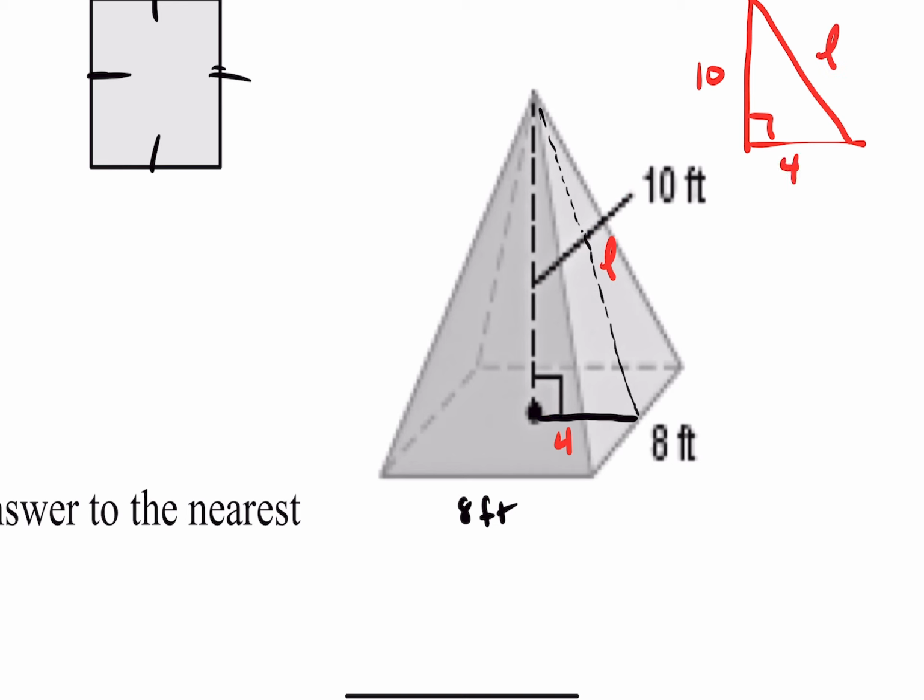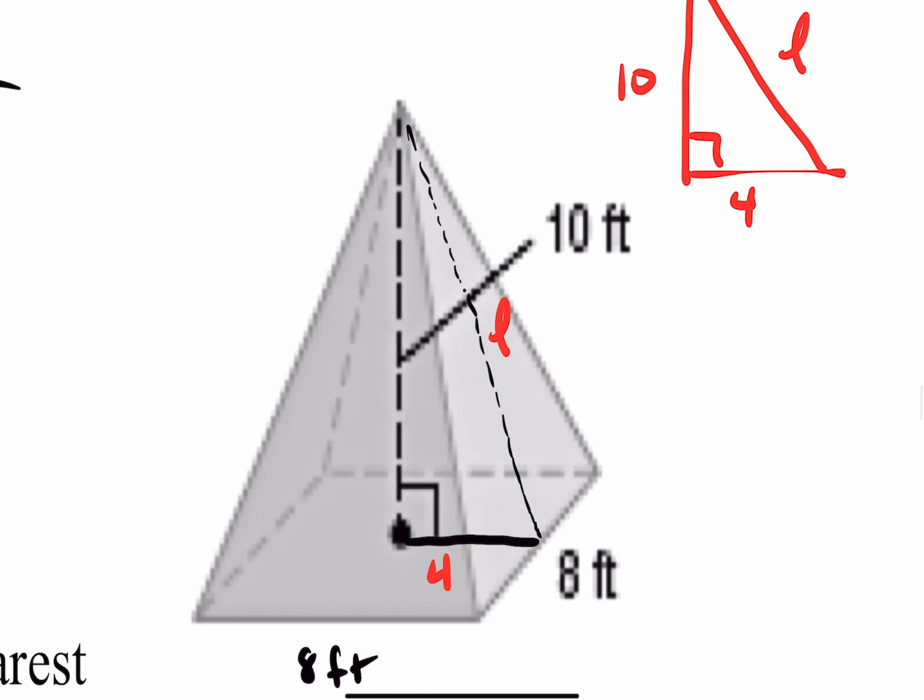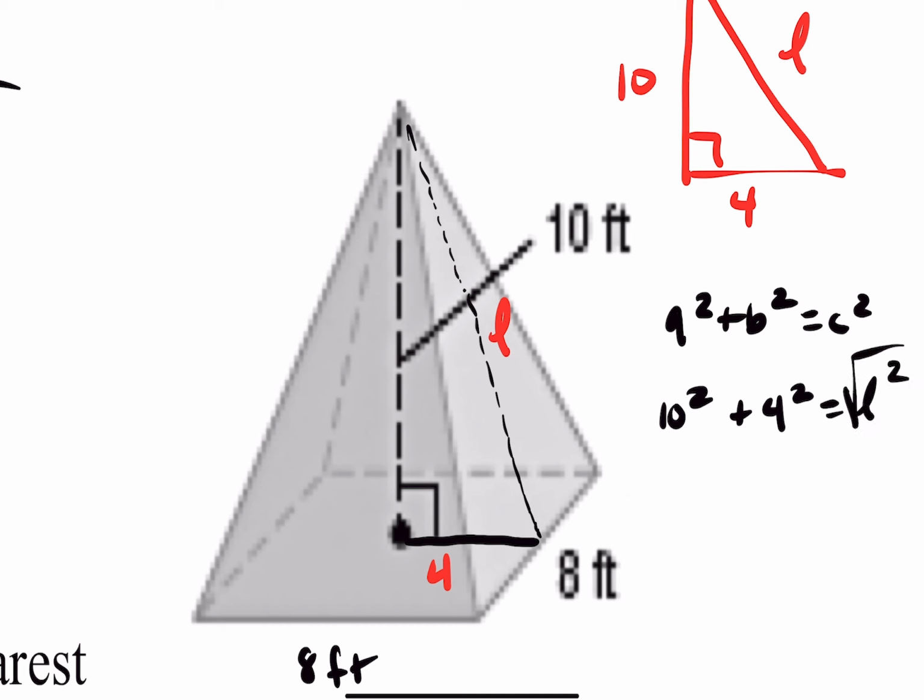All right, Pythagorean theorem it seems like we're going to be doing here. So a squared plus b squared equals c squared. A is going to be 10 squared plus b, that's 4 squared, and that's going to equal our slant height squared. Take the square root on both sides, by the way. I'm going to input the square root of 10 squared plus 4 squared.